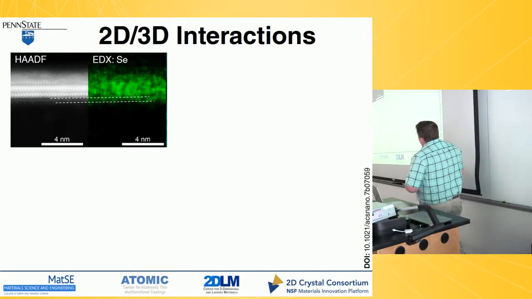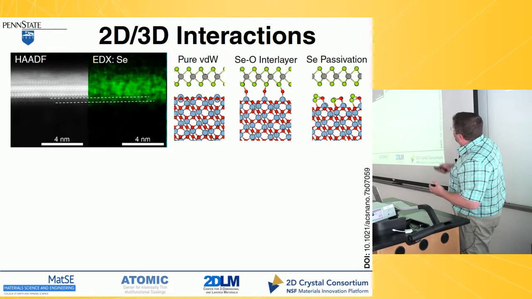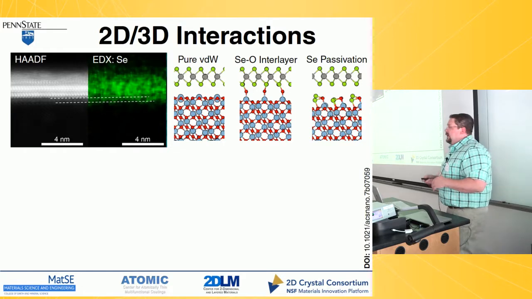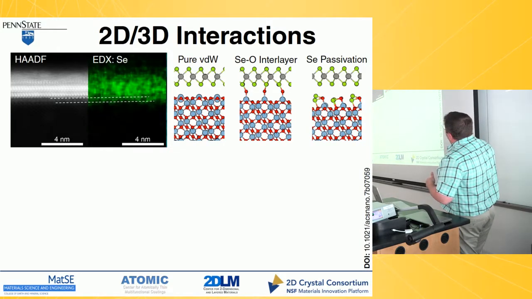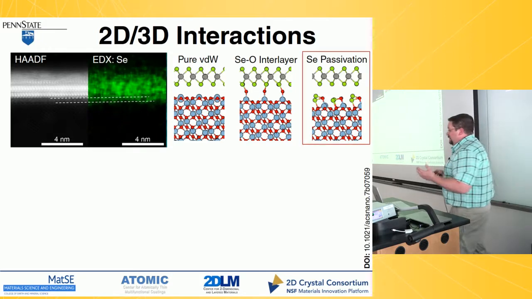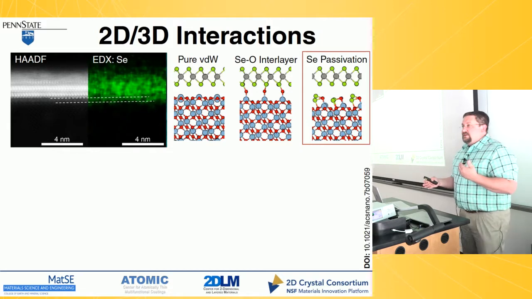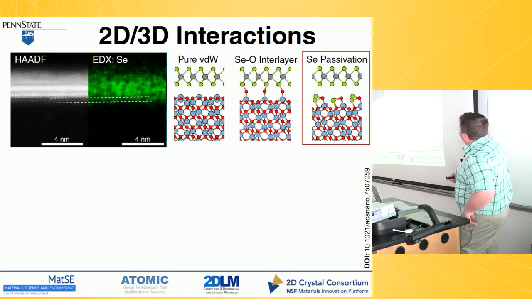So we went through the various models to say, okay, what could it be? They looked at these top two. We knew it was not a pure interface, and we had a feeling that it was not oxygen at the interface, so we picked the most stable selenium passivation of the models that our colleagues were able to do.